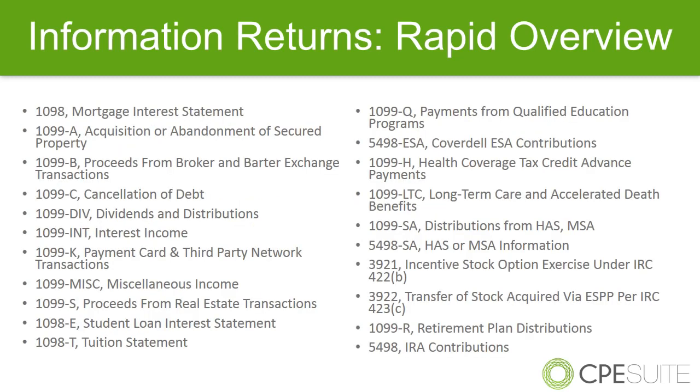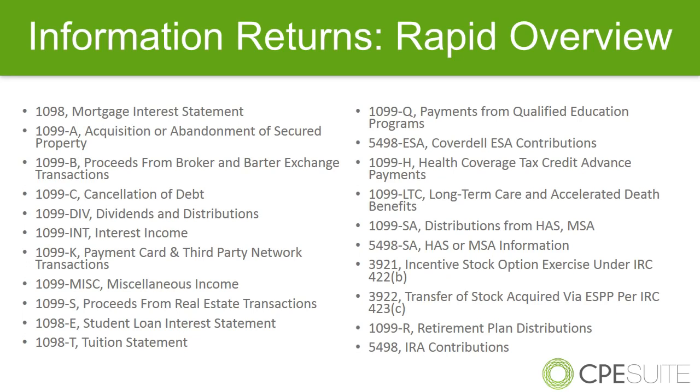Here you'll see a wide variety of the different types of information returns that exist. Now, in the scope of the hour that we have together, we cannot possibly cover all of these. But I just wanted to put this slide up here because it reflects the complexity of the information return environment.